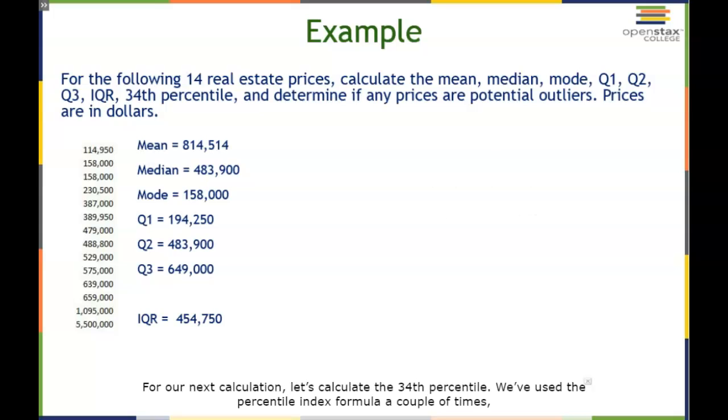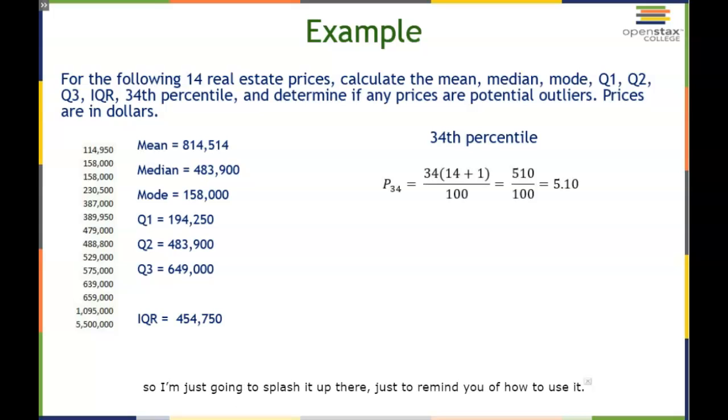For our next calculation, let's calculate the 34th percentile. We've used the percentile index formula a couple of times, so I'm just going to splash it up there to remind you of how to use it. K in this case is 34. Our N is still 14 values. Once we plug it into the formula, we get 5.10.